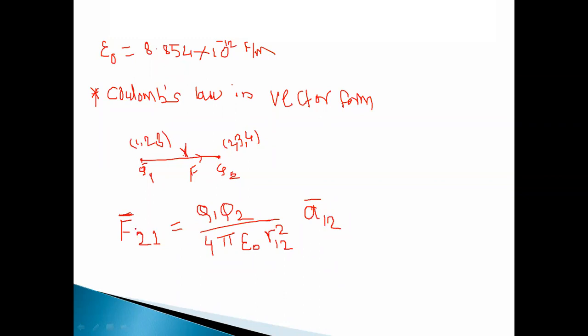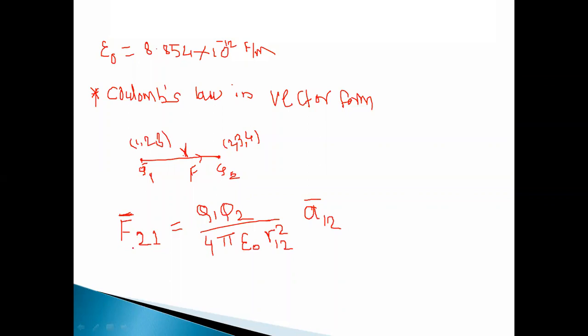Remember, here the force is F2 1 bar, because this force is acting on charge Q2. You can represent it as only F2 bar or F2 1 bar. Why am I taking this one? Because when this force is F2 1 bar, then you have to only reverse this.